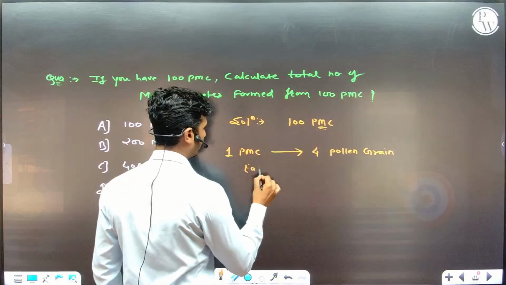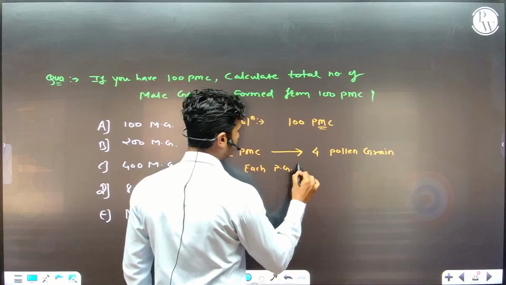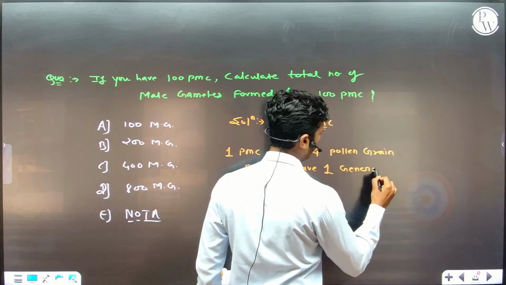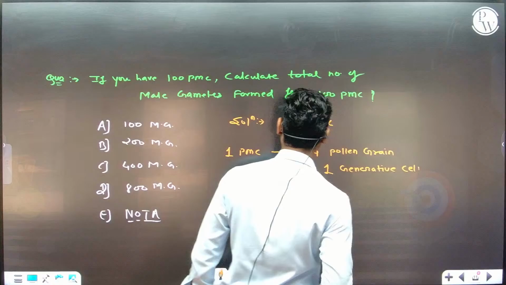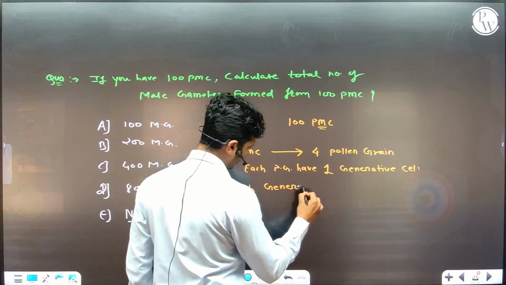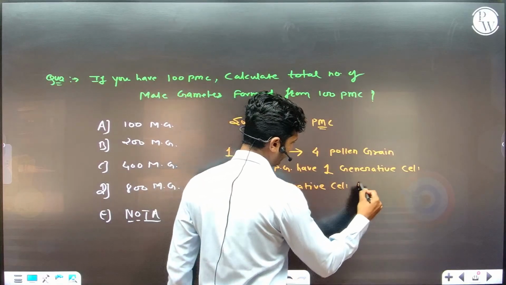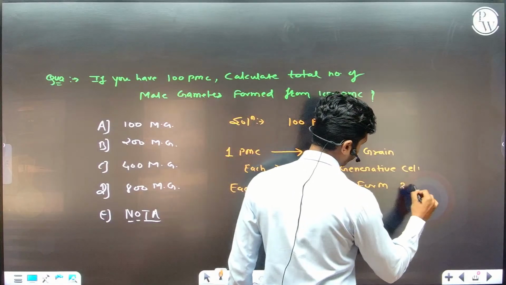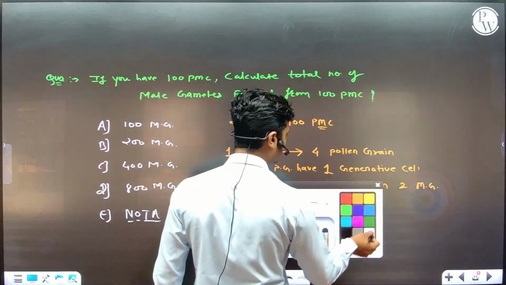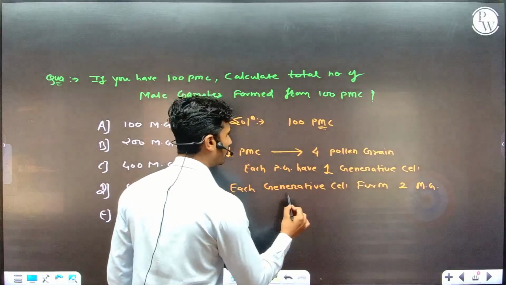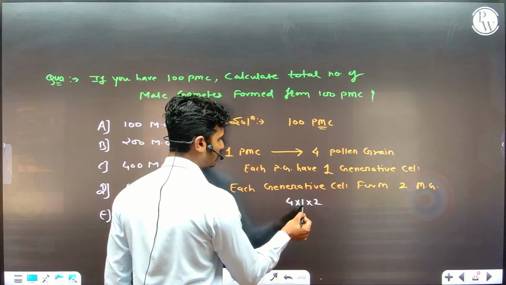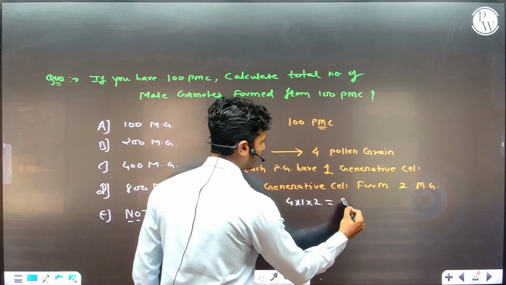Each pollen grain has 1 generative cell, and each generative cell forms 2 male gametes. So 4 pollen grains times 1 times 2, 4 twos are 8.